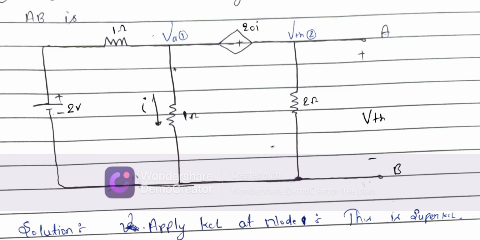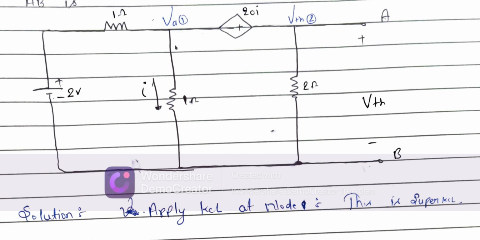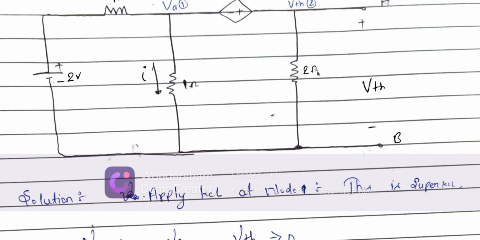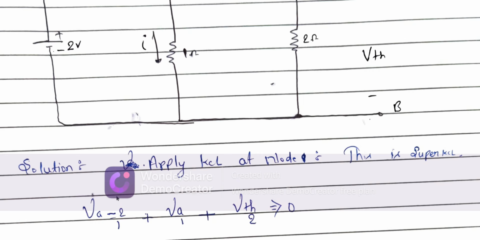Now coming to the next question of GATE: the Thevenin's voltage VTH seen from the terminal AB. We have to find VTH. We can assume that I2 is equal to 0, and the same voltage is appearing on this node; we assume that in this node the voltage is VA. Apply KCL at node 1.